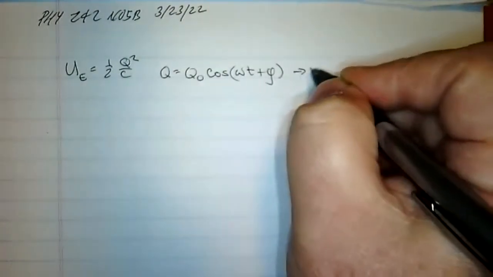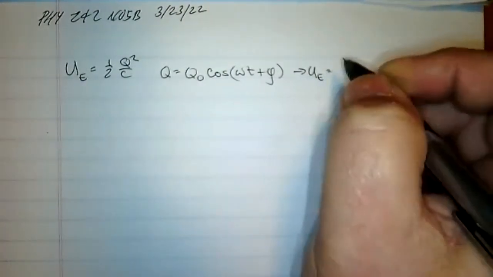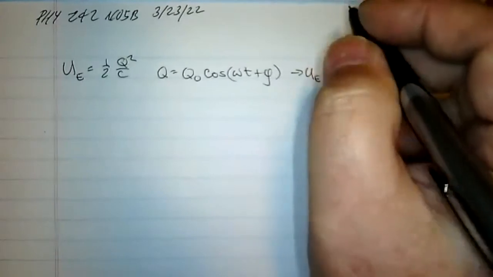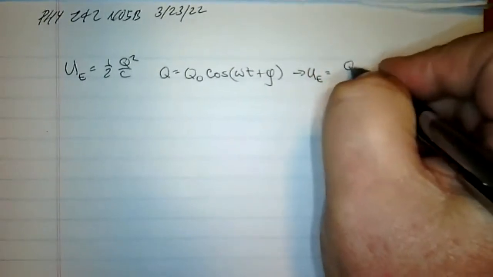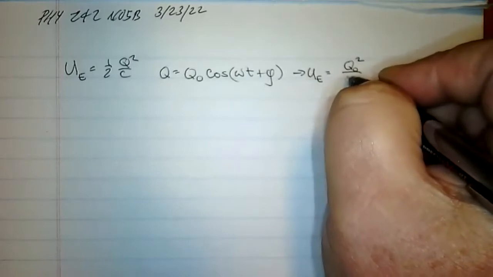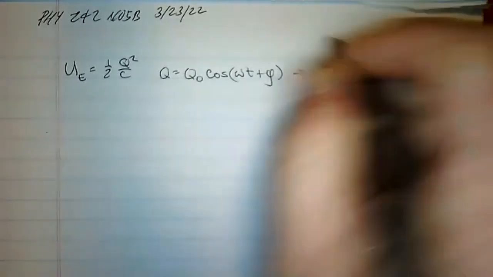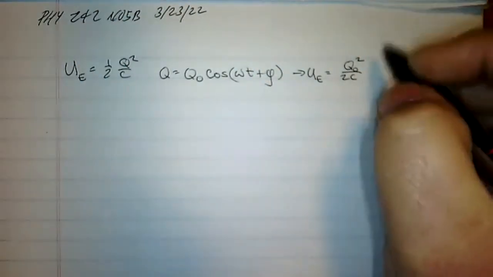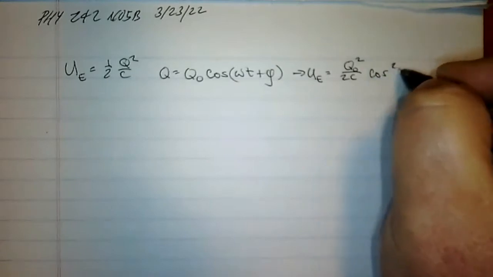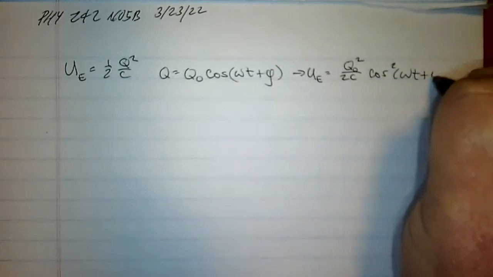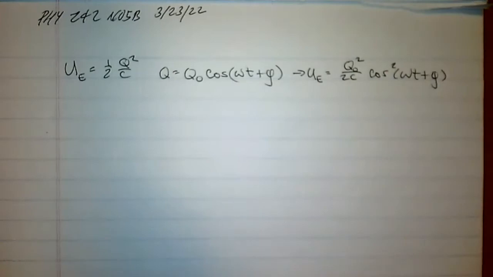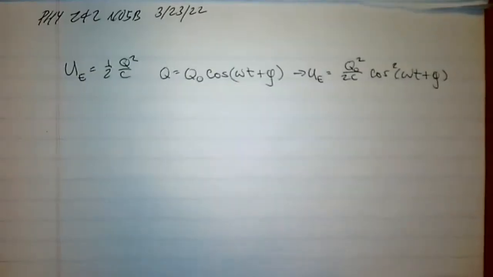So when you plug that in, you're going to find that the energy stored in the electric field is Q0 squared over 2C times cosine squared(omega t plus phi). That's the energy stored in the electric field, specifically because the electric field is the field that the actual capacitor has in it. Let me get a little better focus on that. It looks a little blurry.